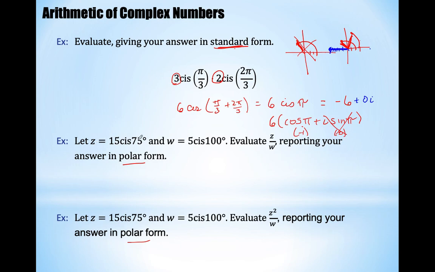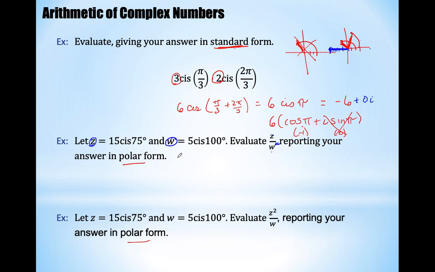All right, I wanted you to see how sometimes these problems are presented, right? They tell you I have a complex number in polar form, they call it z, they call this other one w, and they want you to evaluate z over w. It's just a comma, me trying to do English there. So what do I have to do here?